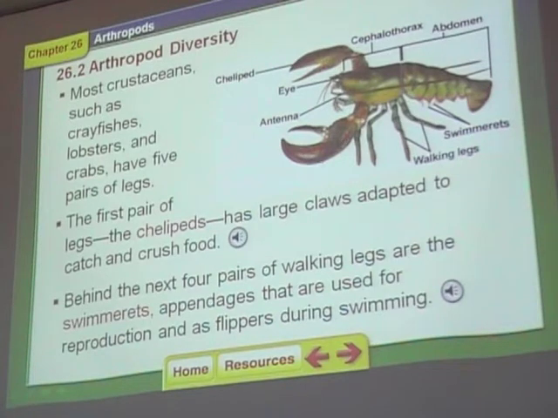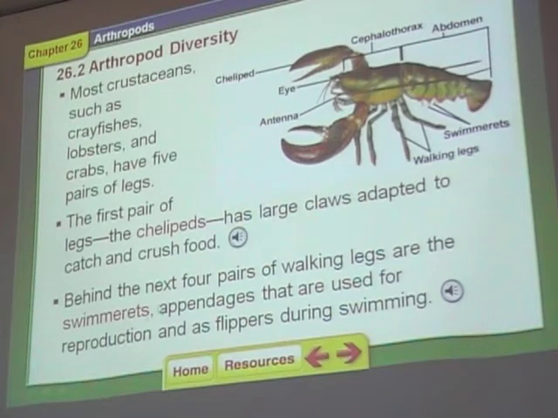Chelipeds is what they're called. I wonder if that's pronounced cheliped.